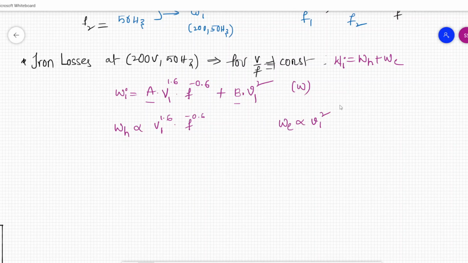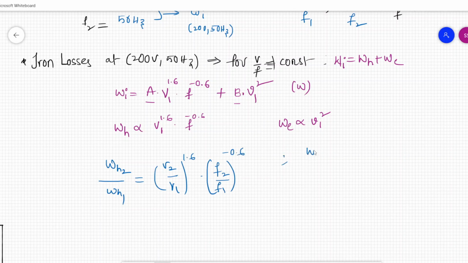Now let us divide WH2 and WH1, that is hysteresis loss 2 and hysteresis loss 1. That will be V2 by V1 whole power 1.6 into F2 by F1 power minus 0.6. Similarly, WE2 by WE1 will be V2 square by V1 square ratio.